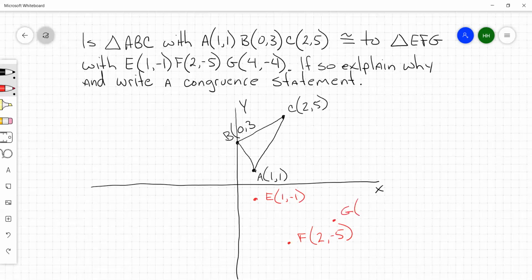So G is at 4, negative 4. And then I'm going to connect those. Everybody with me on graphing them? I'll take that as a yes.